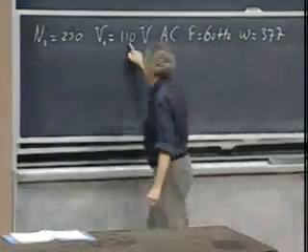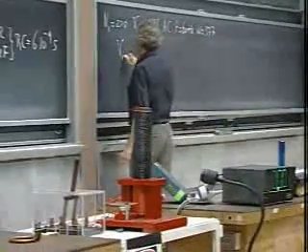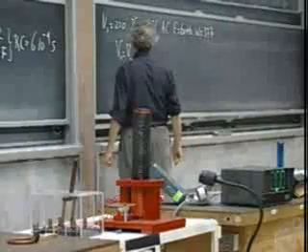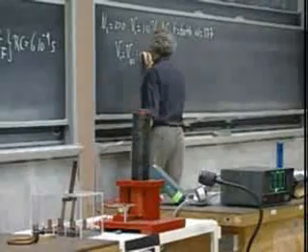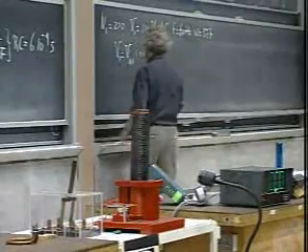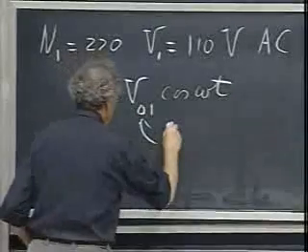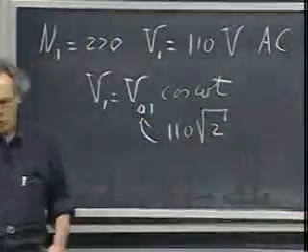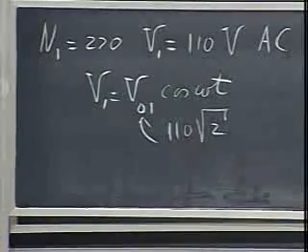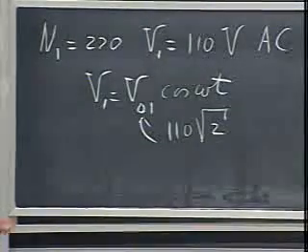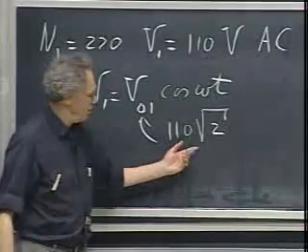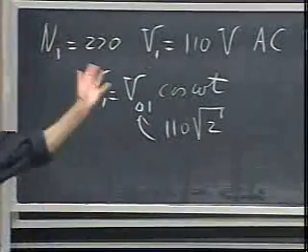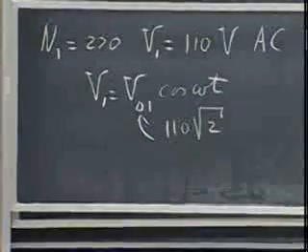If I give you really the correct value for V1, it's the maximum value of V1 times the cosine of omega t, and this value is really 110 times the square root of 2. I've mentioned that earlier in my lectures. The voltmeters, however, are designed in such a way that they only show you 110. And so we call that 110 volts.